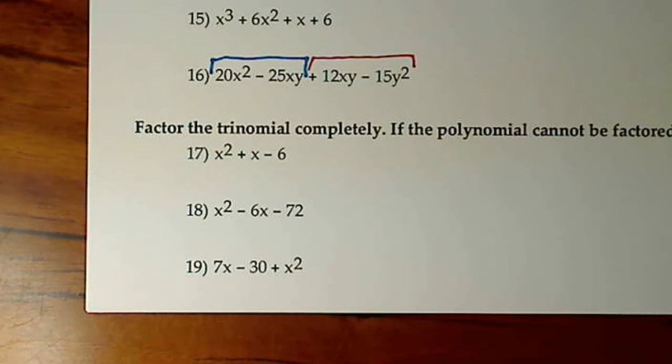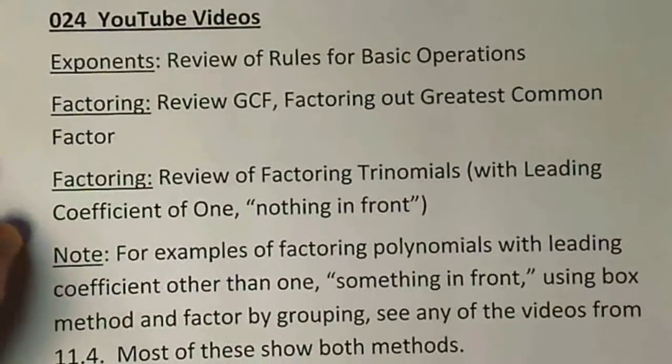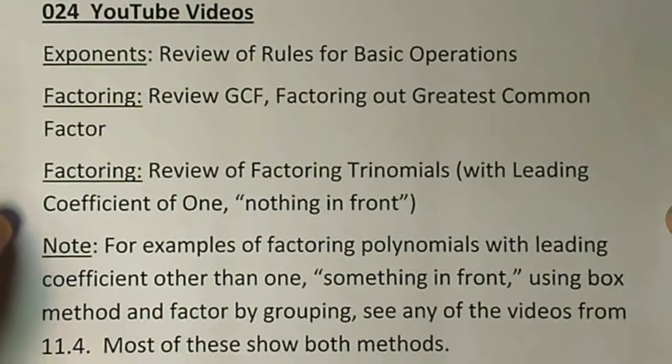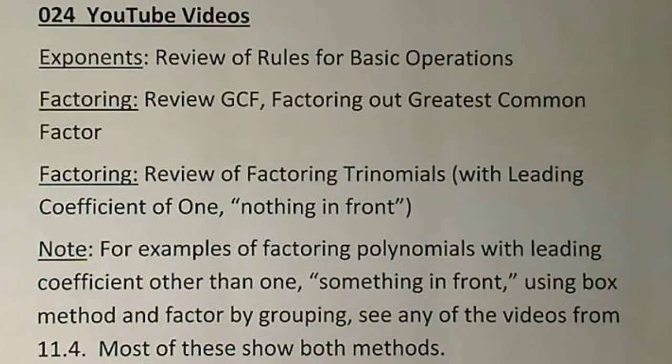Before I get started on number 19, I want to emphasize, with a little note here I'll slide in, that I have, let's say, more detailed point-by-point descriptions of how you factor already posted on YouTube.